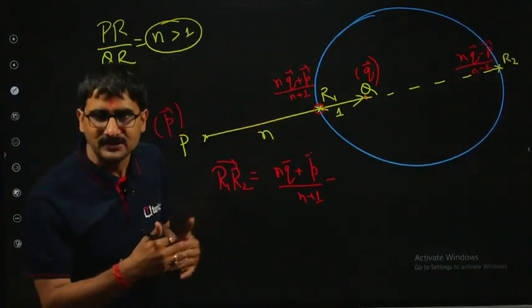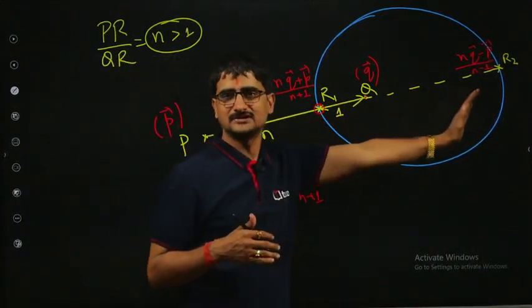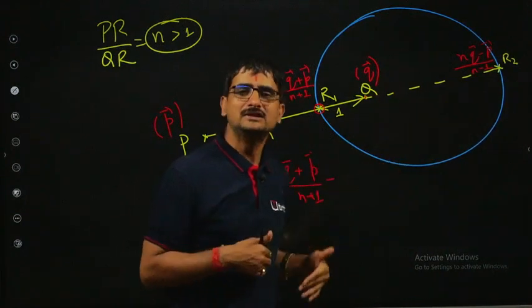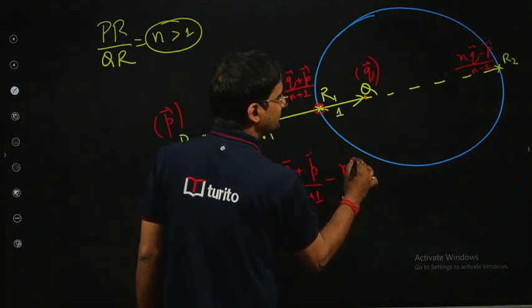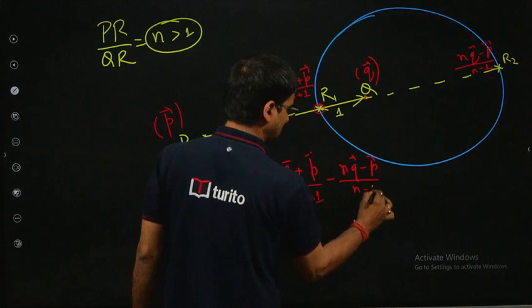Because I have to just compare the diameter, the length R1R2, with the length of PQ. So what did I get here? (n q minus p) upon (n minus 1).